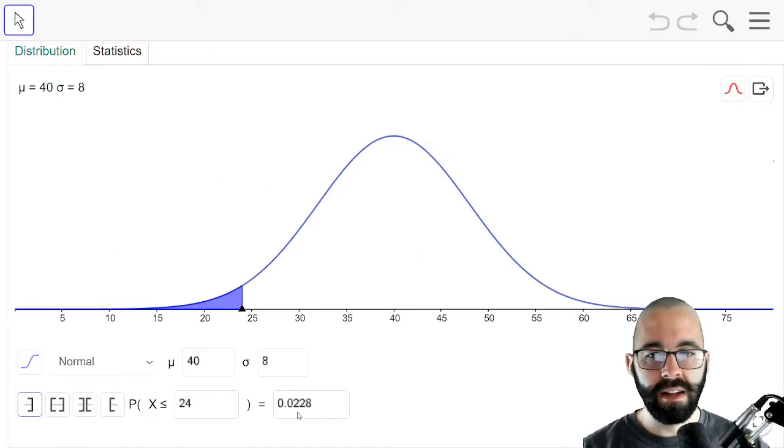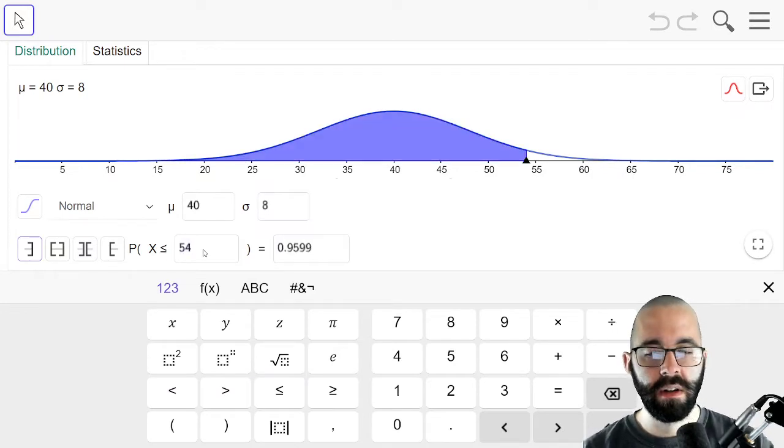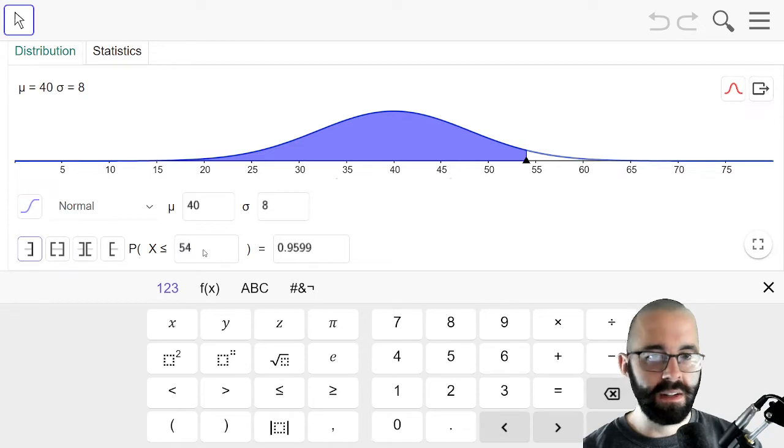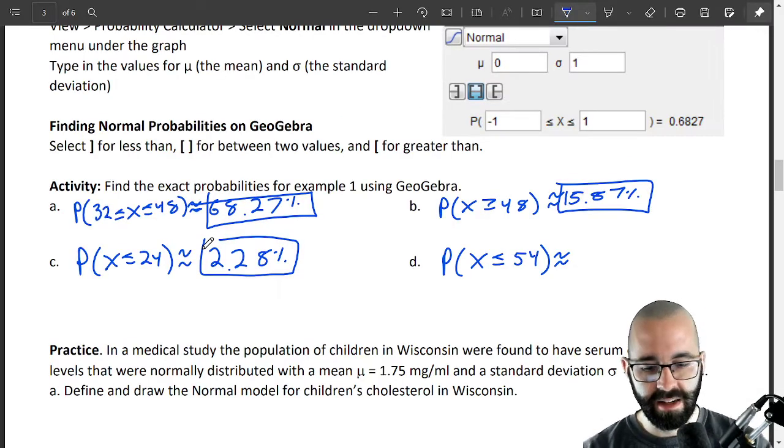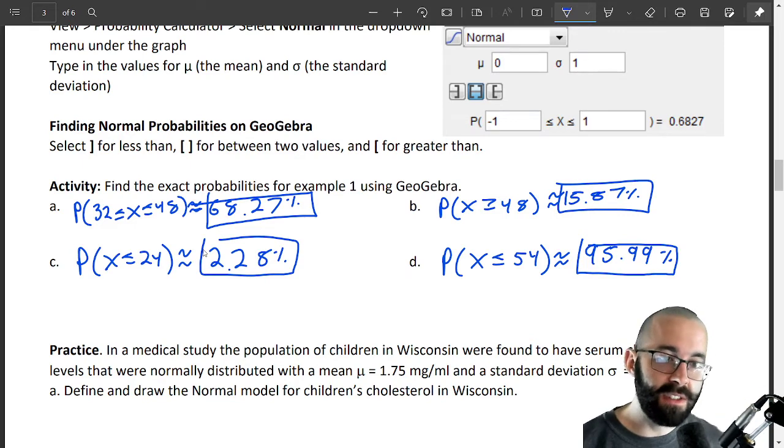Do the same thing, less than or equal to 54. And we didn't calculate that one with the empirical rule because it wasn't in terms of our standard deviation and mean.